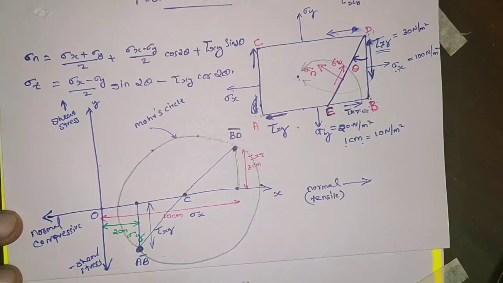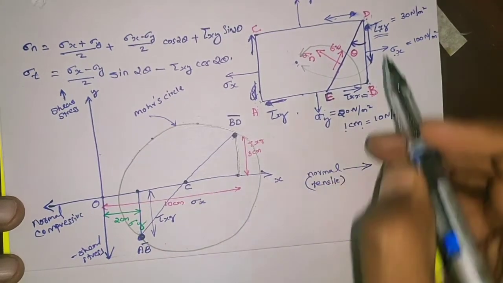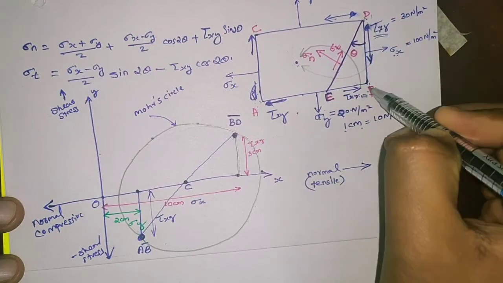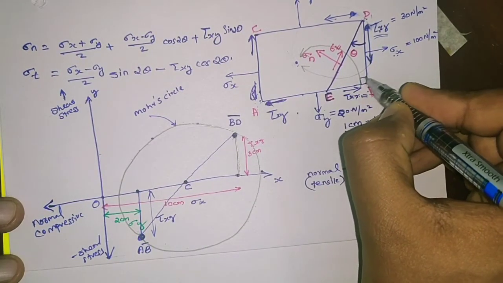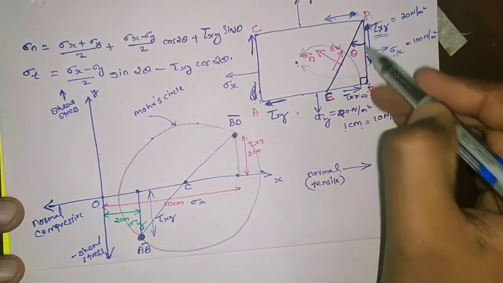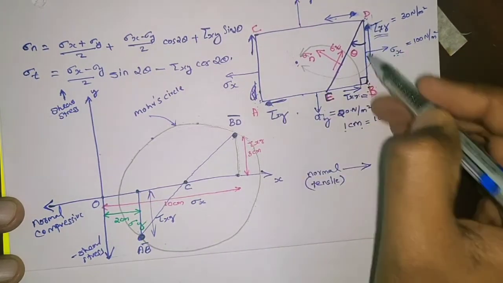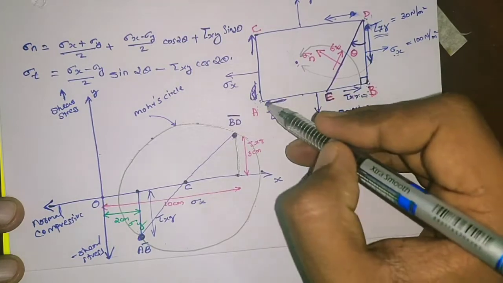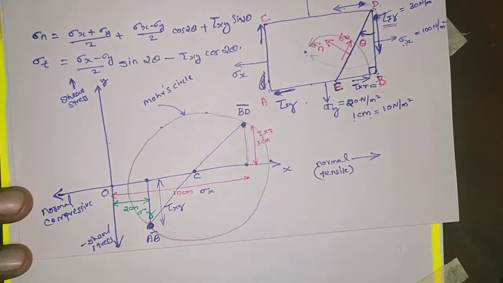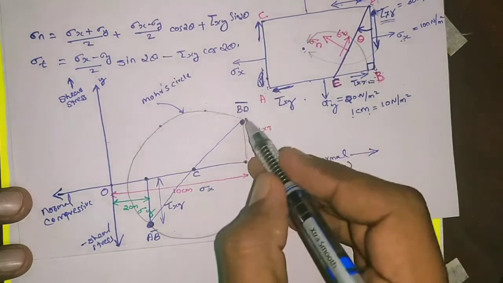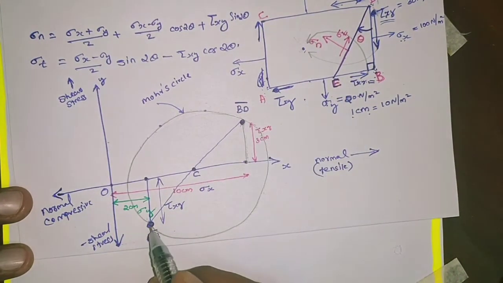But here we can see what is the angle between DB and BA. It is 90 degree. The angle between BD and AB is 90 degree. But here, what is the angle between these two planes? This is my BD plane, this is my AB plane.